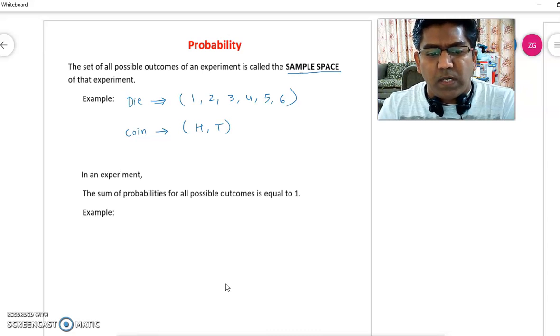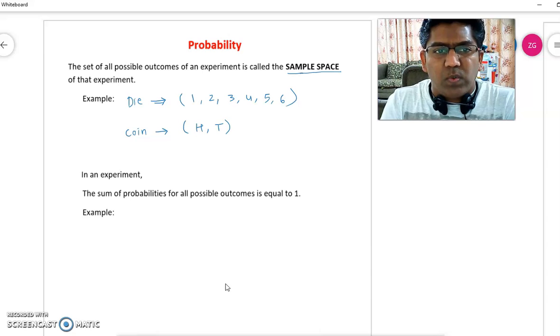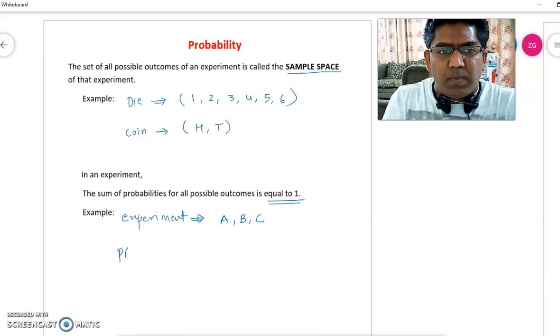Now in an experiment, the sum of the probabilities of all the outcomes within the experiment is equal to 1. So when you add all the possible outcomes, the total is equal to 1. For example, suppose you have an experiment where the possible outcomes are A, B and C. The probability of A plus the probability of B plus the probability of C, when you add all the probabilities, the total is equal to 1.